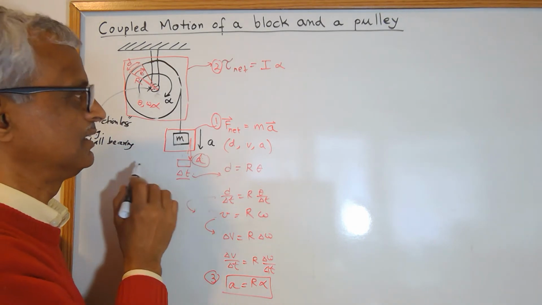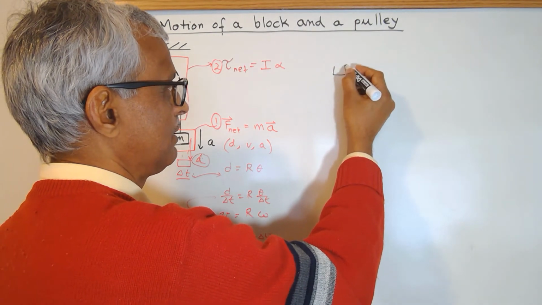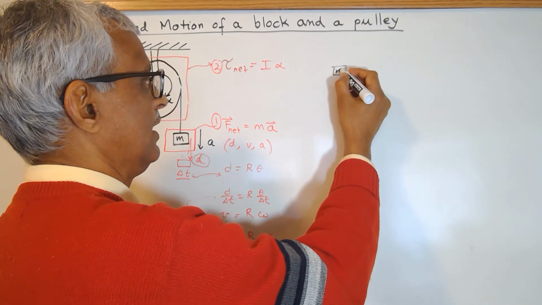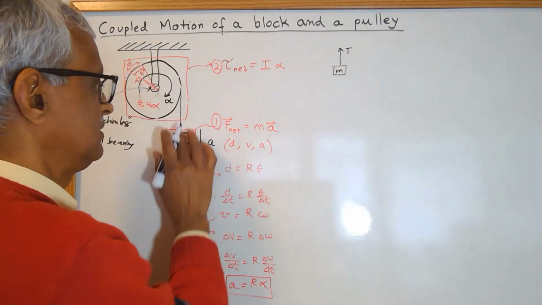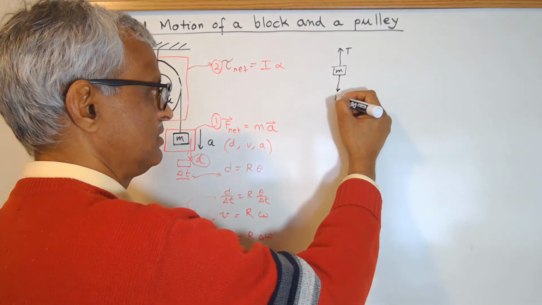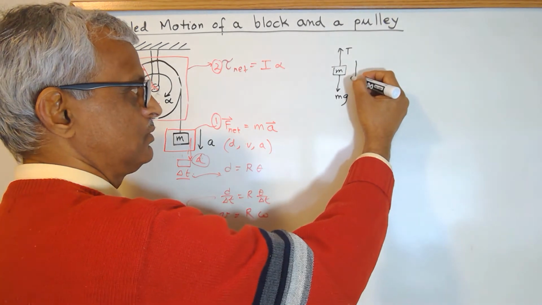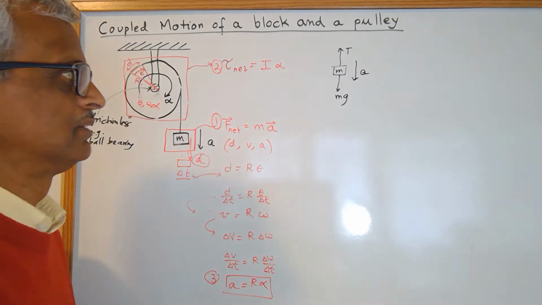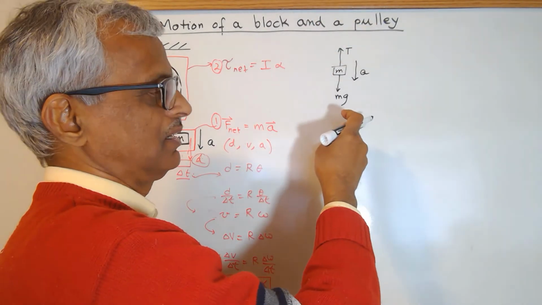So start with this. If I have mass M, the tension is going to pull up here, tension acting upward, and there will be another force mg downward on this, and as a result of these two forces it accelerates with a. If you want to write it down in terms of components, it's kind of overkill.